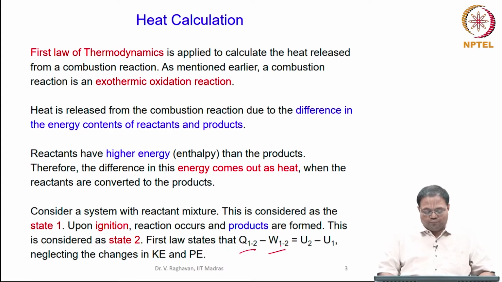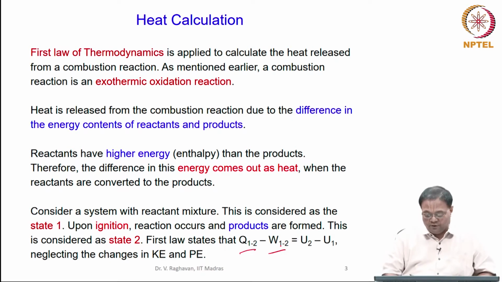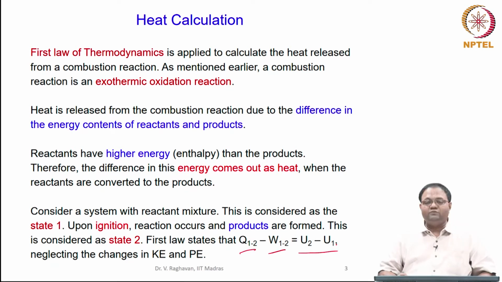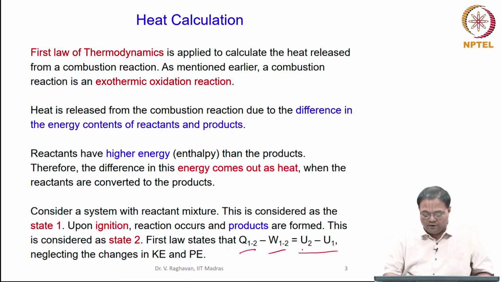In the absence of changes in the kinetic and potential energies, the only energy change we see is the change in the internal energy, U2 minus U1. So the first law of thermodynamics for this system is written as: the difference between the heat interaction and the work interaction is equal to the change in the internal energy of the system. If there is a change in kinetic energy or potential energy, that may also be added here.